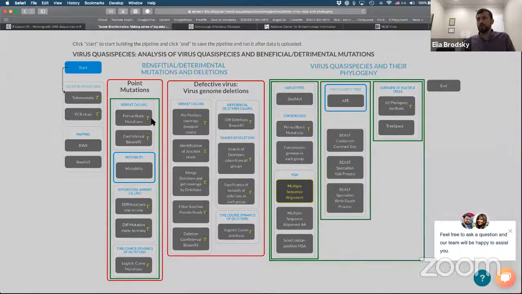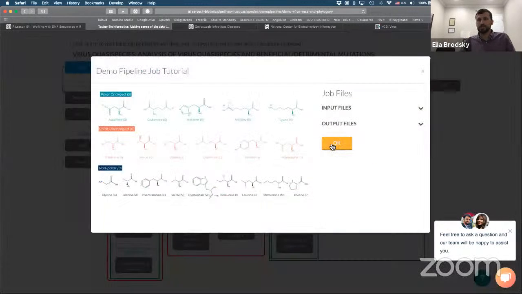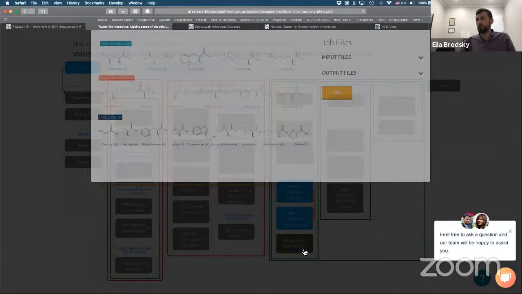Multiple sequence alignment essentially aligns the different sequences that you have. Here you can see some examples of different types of beta coronaviruses aligned to the Wuhan reference sequence, and then converted to amino acids that have different physicochemical properties that we will talk about.